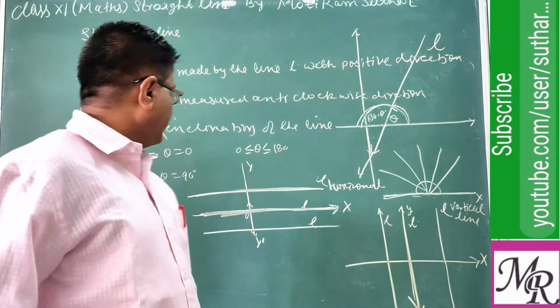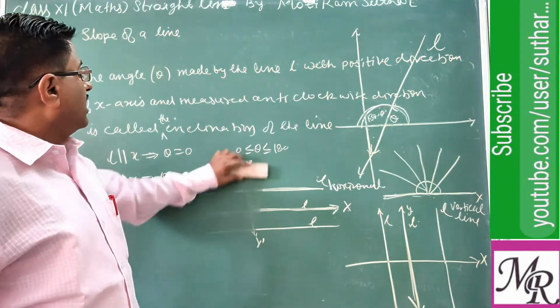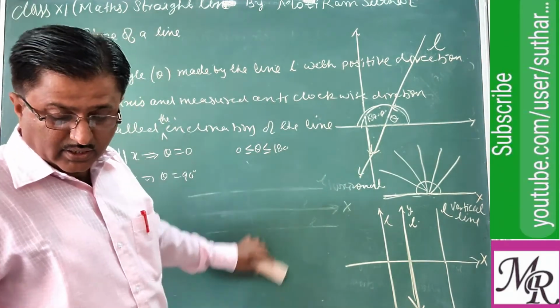Now we see the definition of the slope of a line.